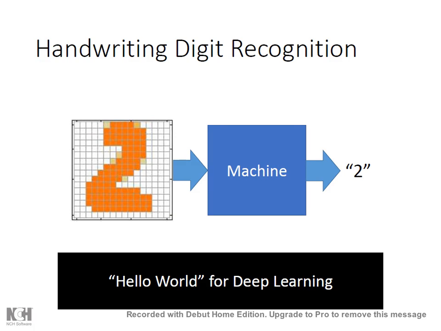Okay, so here is an example to show you an application: handwriting digit recognition. In this test, you can download this data set. Never mind its name. It's just handwriting digit recognition.